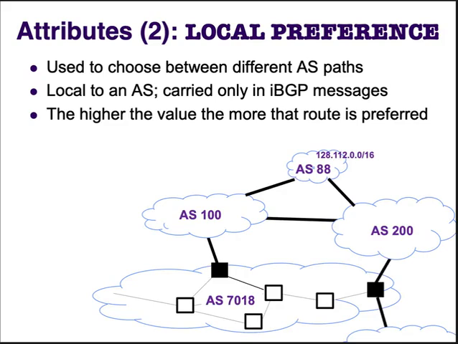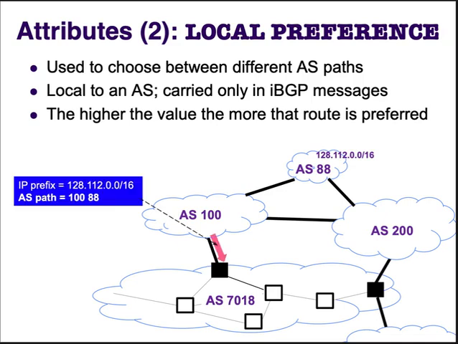Let's go back to our example here. We have Princeton again, AS88 up there. And I've complicated the picture a little bit in that Princeton now reaches AT&T potentially through AS100 or through AS200. So AT&T can reach Princeton either through AS100 or AS200.